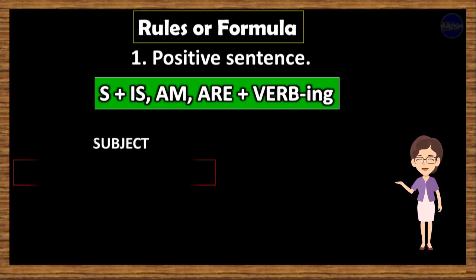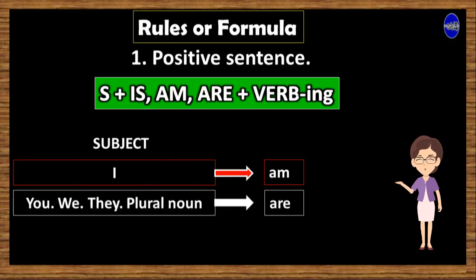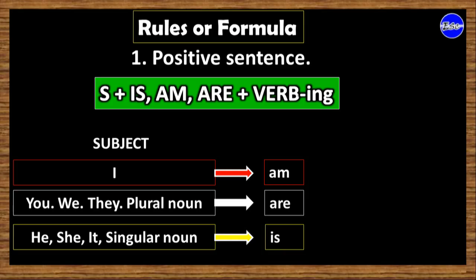If the subject of the sentence is I, then use to be: am. If the subject is one of we, they, you, or a plural noun, use to be: are. But if the subject of the sentence is one of he, she, it, or a singular noun, then use to be: is, followed by verb-ing.